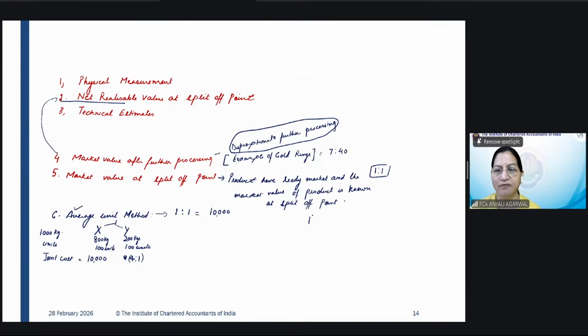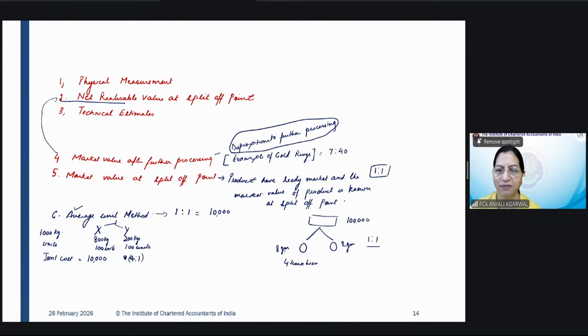So once again, if I take the example of the gold, and if you get 2 rings, equal rings, so if you take unit method, once again, it comes out to be 1:1. But if this ring was 4 times heavier, let's say this had 8 grams, this was only 2 grams. Then once again, 1:1, 50-50. Is this the right way?